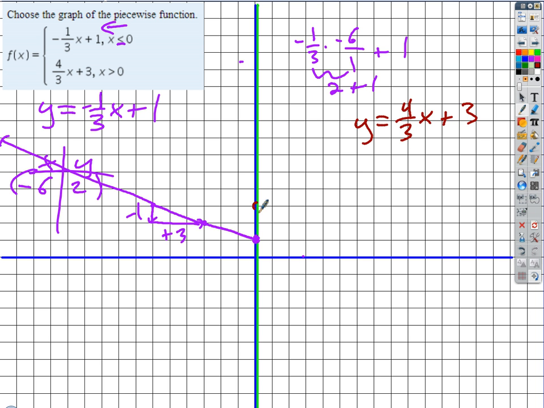So right there, I'll start with my open endpoint, and my slope will give me a second point. So what does that mean I do? Up 4, because it's positive, so I go up 4 over 3. There's my second point, connect and extend, that's it, right?